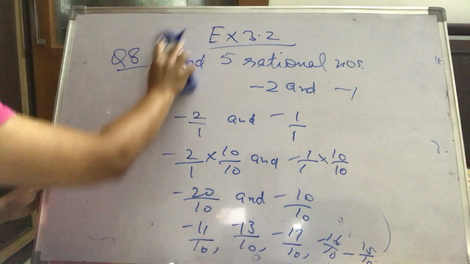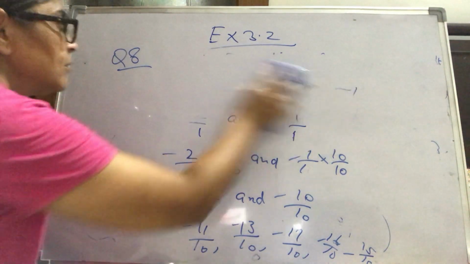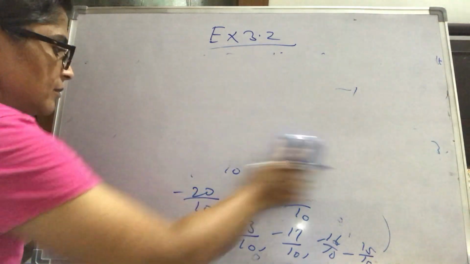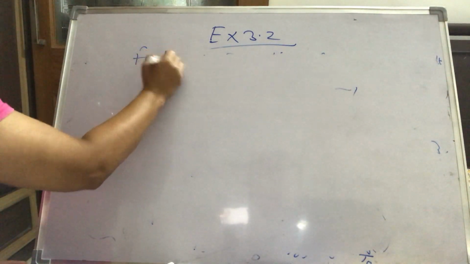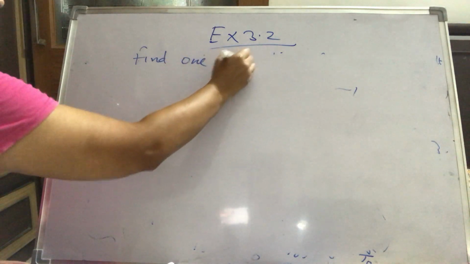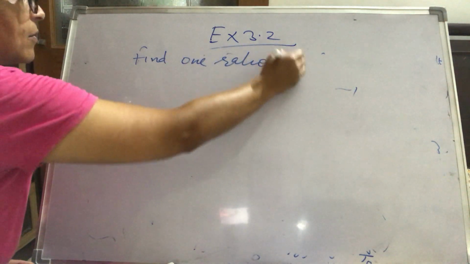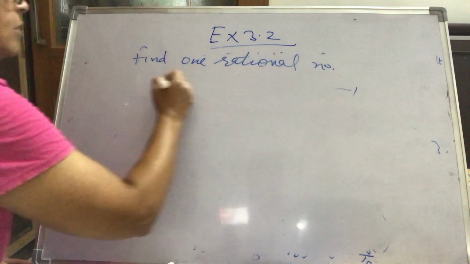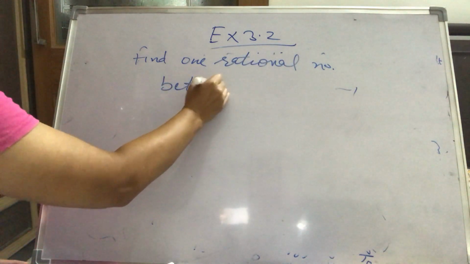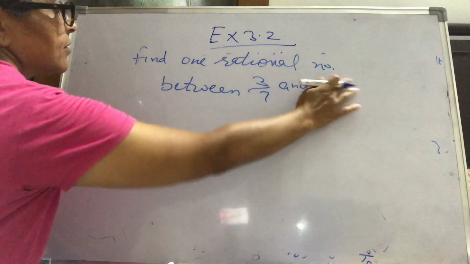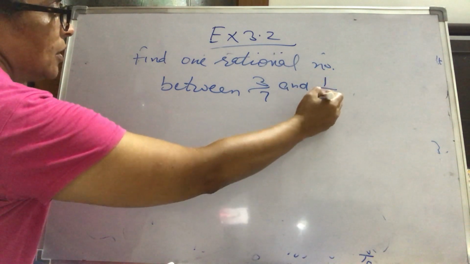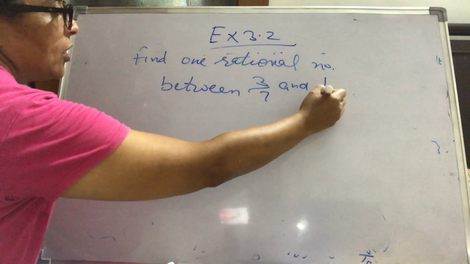One more thing. If you get a question like: find one rational number between 3 by 7 and 1 upon 14.